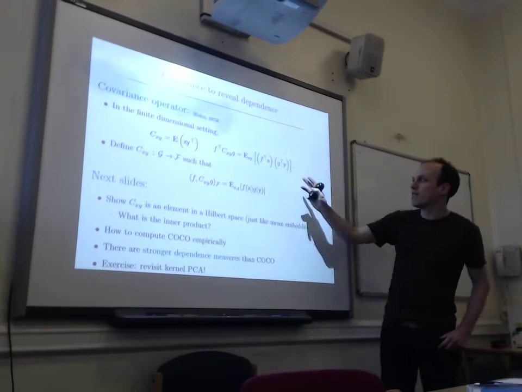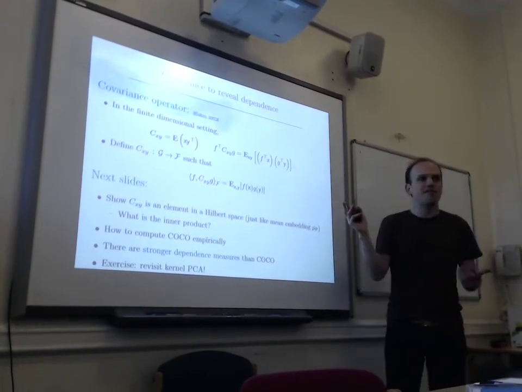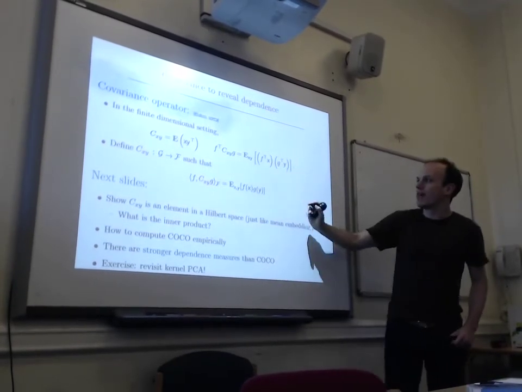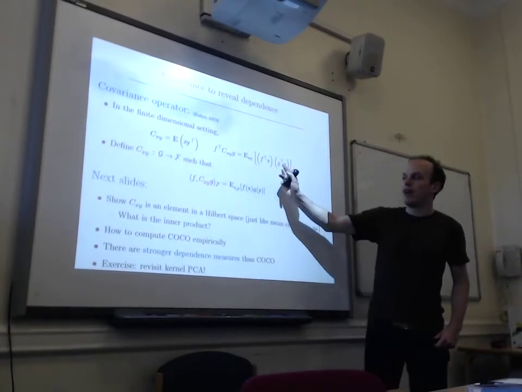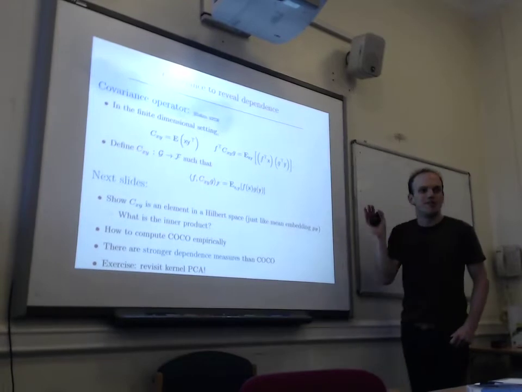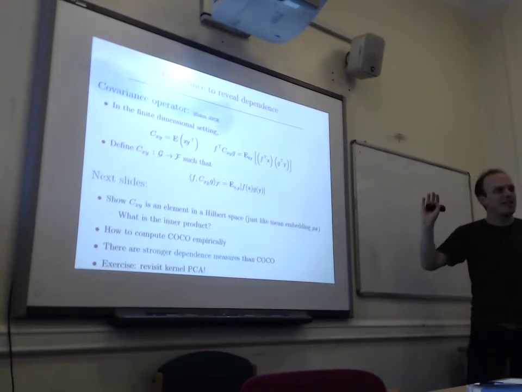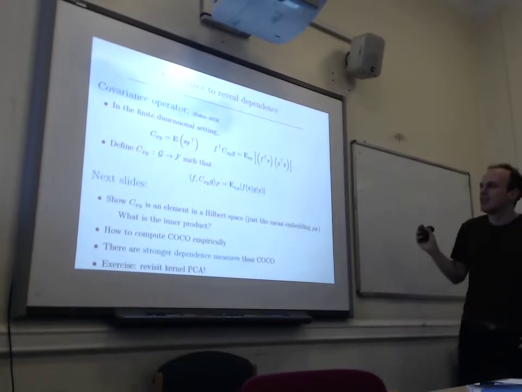If you think of f transpose x as a linear function of x, and g transpose y as a linear function of y, then f transpose C_xy g is the covariance between these two functions. This is just a linear algebra intuition.